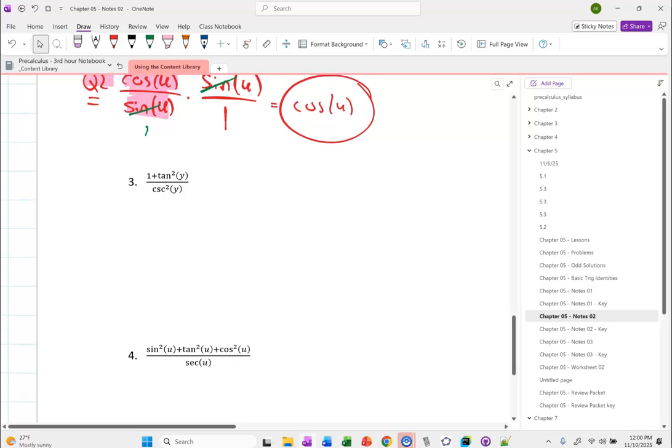What about number 3? What do we notice there? Is there any algebra to do? No, it's already one thing, right? Okay, so what should we do next? Find an identity. There are two plausible identity routes we could go on this. Where I see the 1 and the tan squared, my first place I would look is for a reciprocal identity.